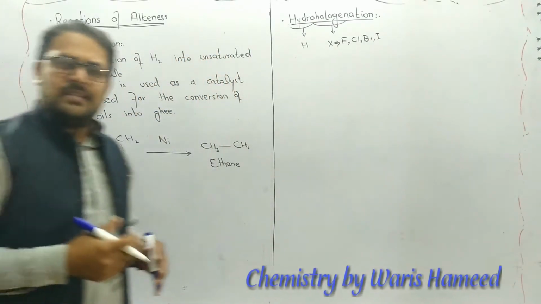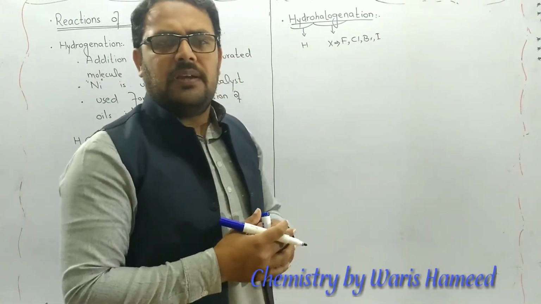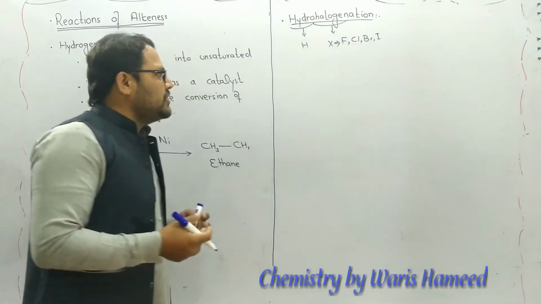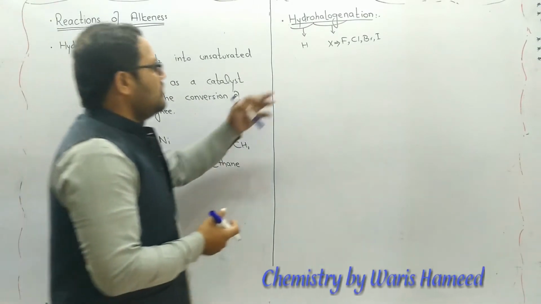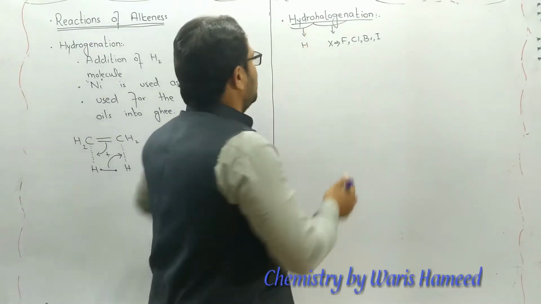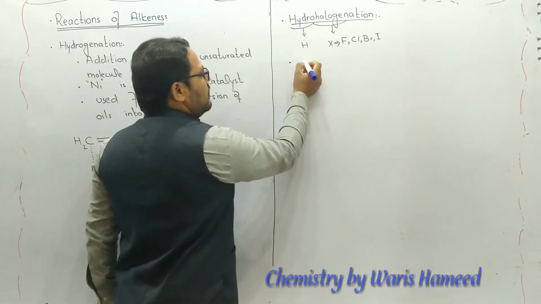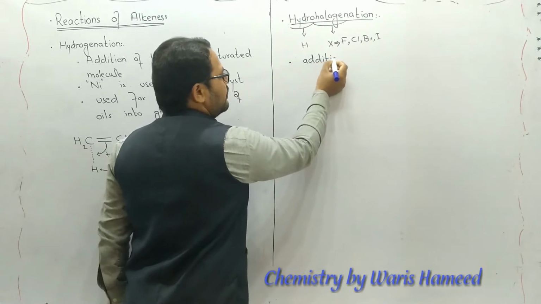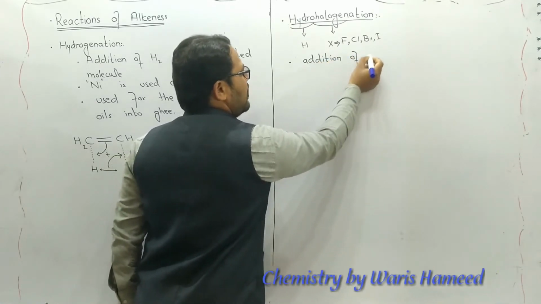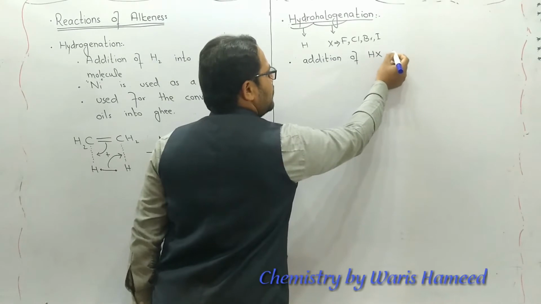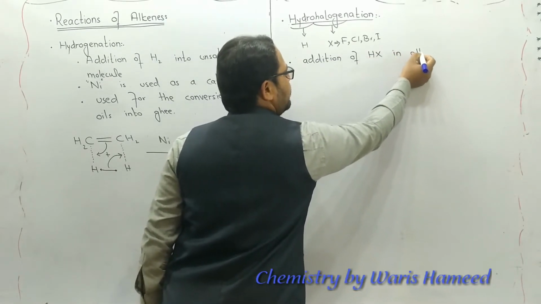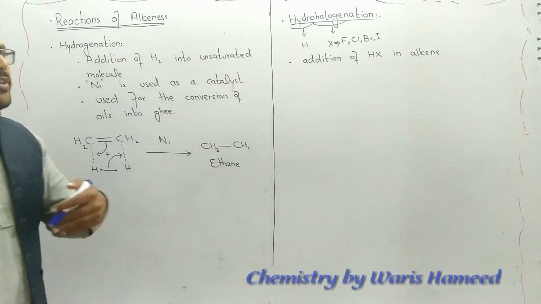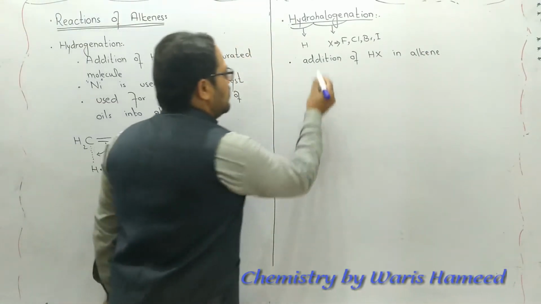We know that astatine is a radioactive element, and that's also a rare element, so we do not deal with reactions of astatine. In this case, it is the addition of HX to alkene.